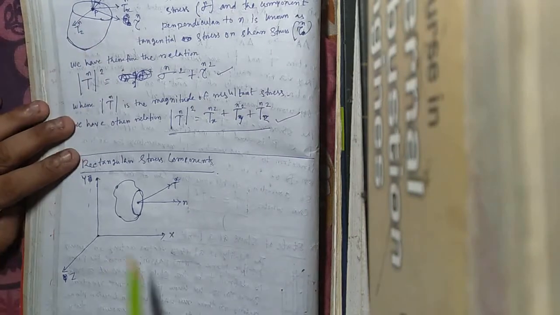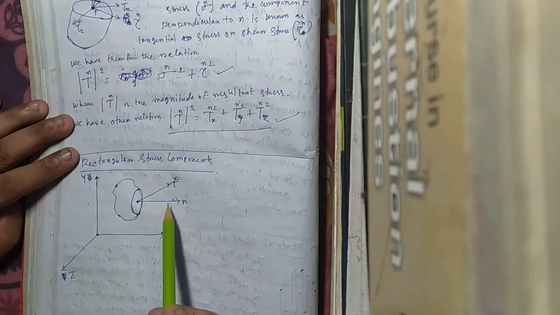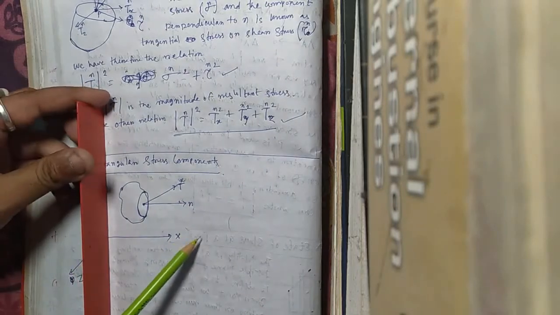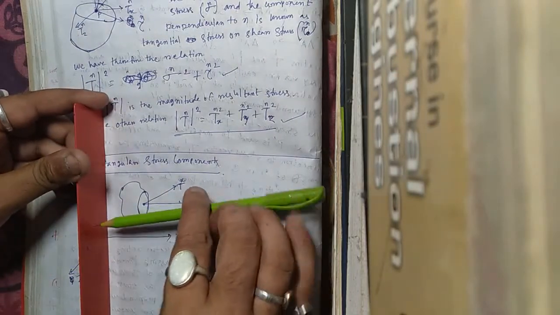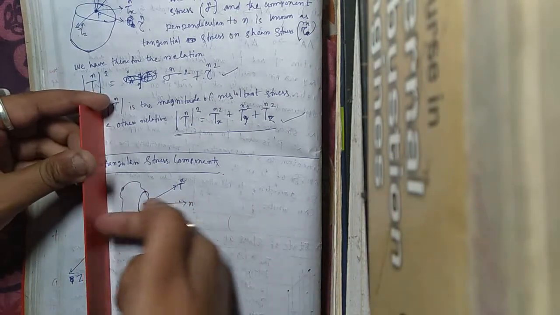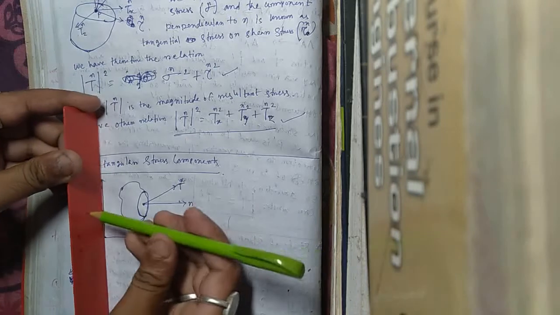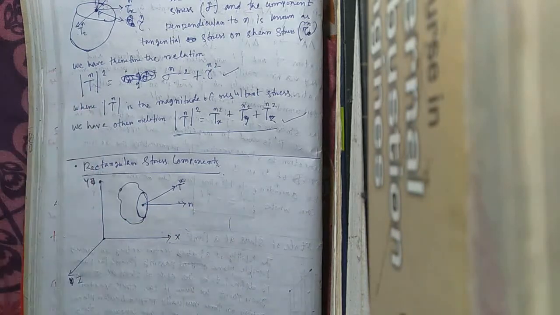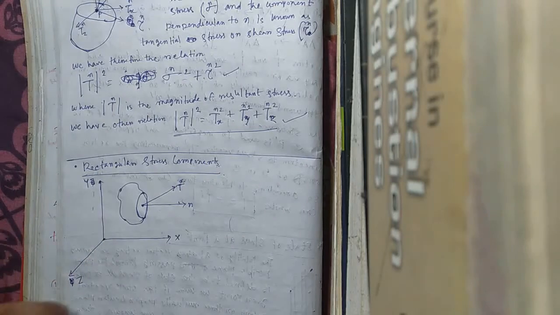Look, this x-axis is normal to this yz plane, so this is also called the x plane.